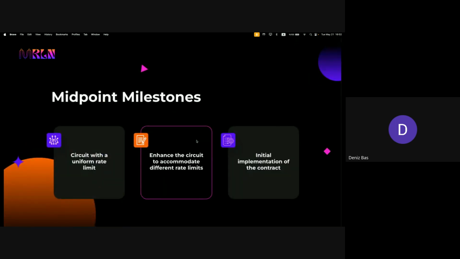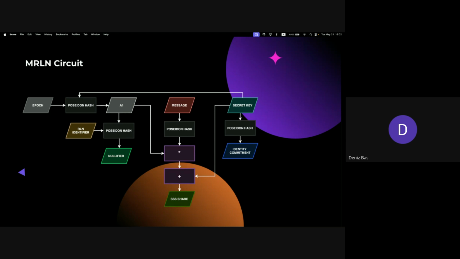So my midpoint milestones are building a circuit to accommodate different rate limits, and having an initial implementation of the MRLN contract. Here you can see the MRLN circuit overview. We have epoch, message, and the secret going in.